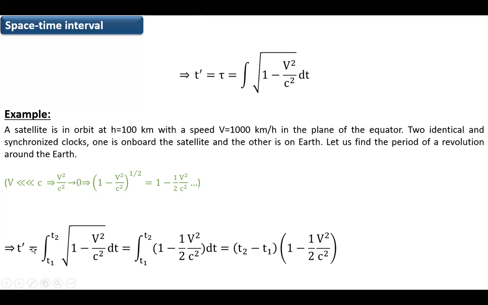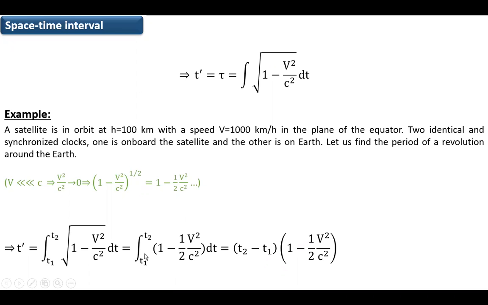So t prime is equal to the integral between t1 and t2, or you can take it between 0 and t, of the radical of 1 minus v squared over c squared dt, which is 1 minus half v squared over c squared dt. This quantity is independent of t, so you can put it outside of the integral.